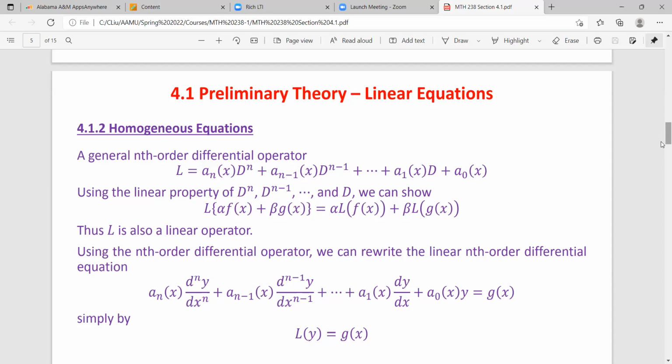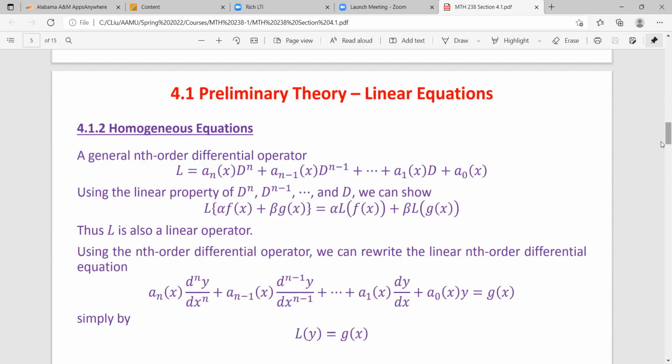And the important thing here is you can also show that this generalized nth order differential operator L is also linear. Namely, if you apply this operator L on a linear combination of two functions, alpha f(x) plus beta g(x). So L is the operator, alpha and beta are constants, they're not functions.